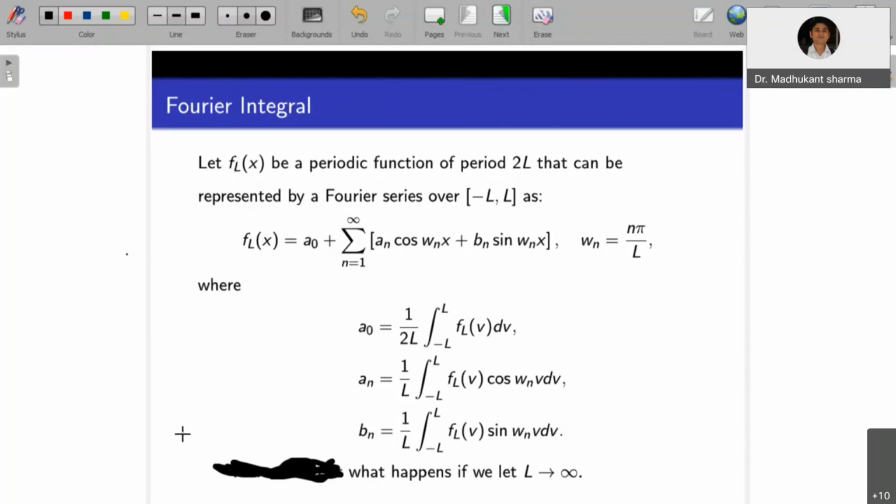We have also learned Fourier series and Fourier integral in the last semester course. So here I am just going to recall a few things relevant to this transform technique, that is known as the Fourier transform. First we came from Fourier series to Fourier integral.